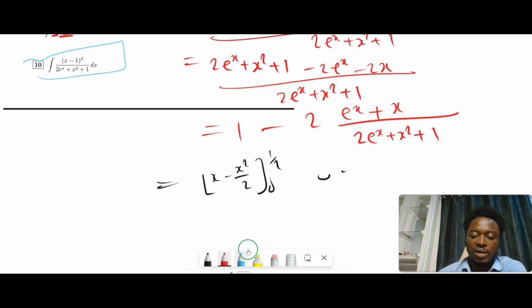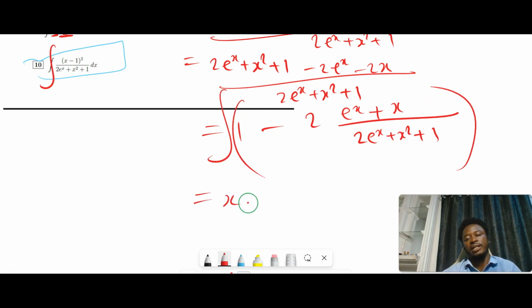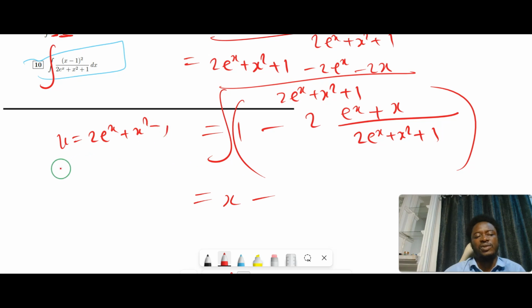Now if you place it together, this integral will be the integral of all of this, and that would be just x minus, I think if you take u to be 2e to the x plus x squared plus 1, du would be 2e to the x plus 2x dx.